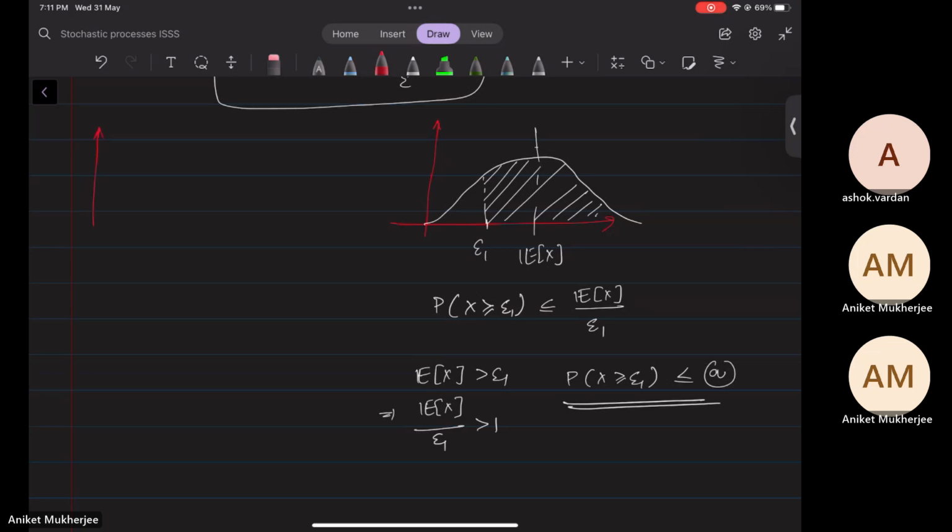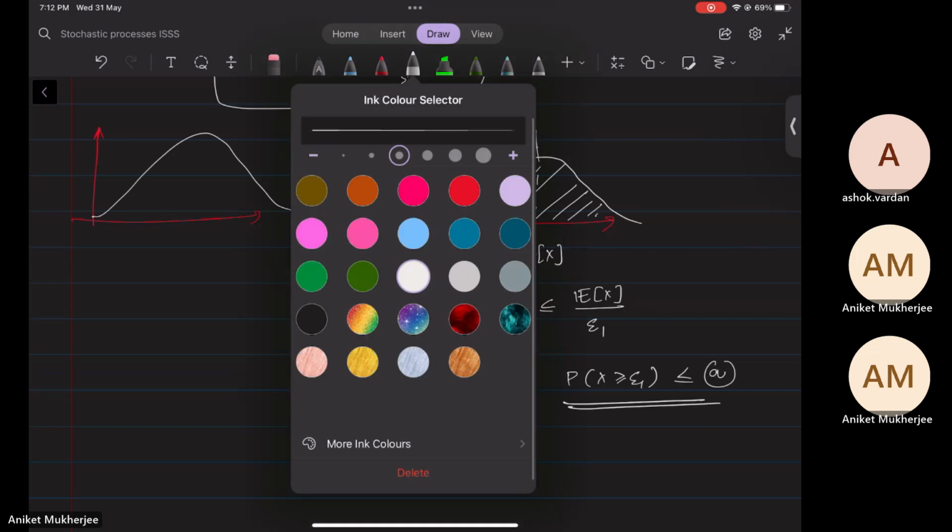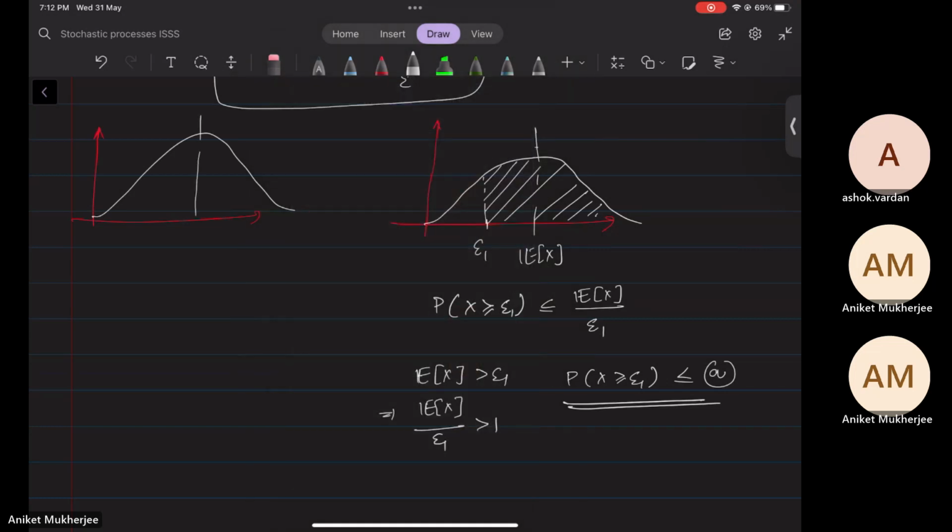Now I'll give you an example where Markov inequality works. Suppose you have a density function and you have expectation of x. Now suppose I take the tail epsilon 2 to the right of the expectation. What you want to find is probability of x greater than or equal to epsilon 2, which is the area here. According to Markov inequality, this gives you an upper bound of expectation of x by epsilon 2.